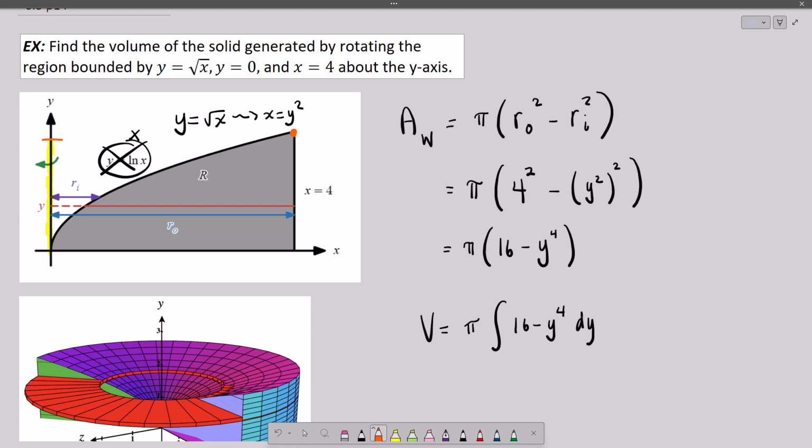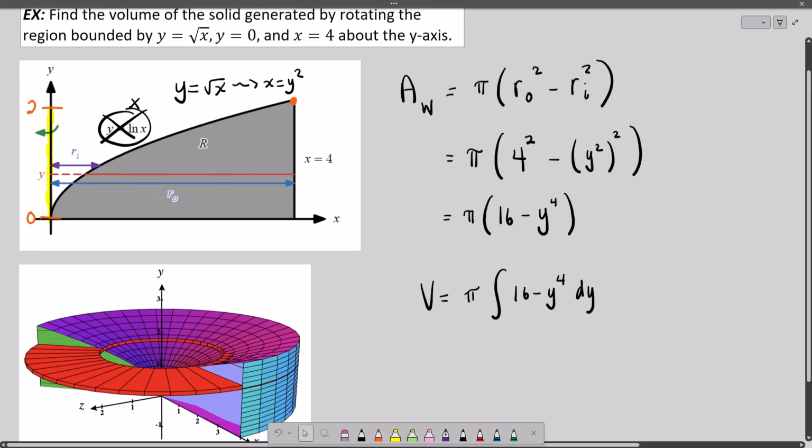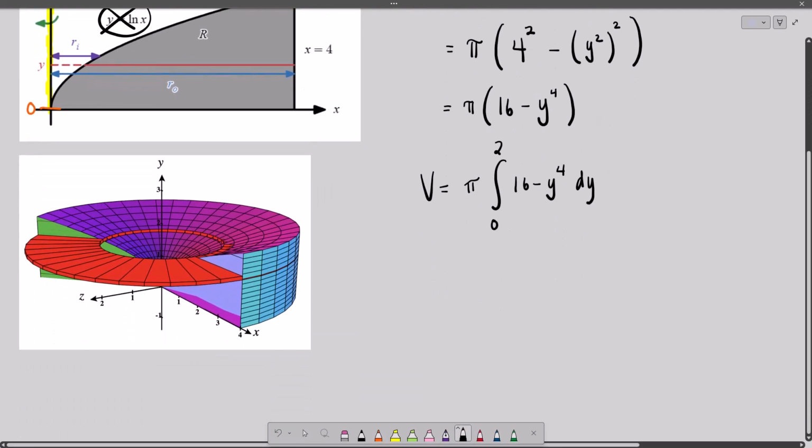If we plug in 4 into that function, the square root of 4 is 2. So this y value is going to be 2, and we're going to go from 0 to 2 along the y-axis.